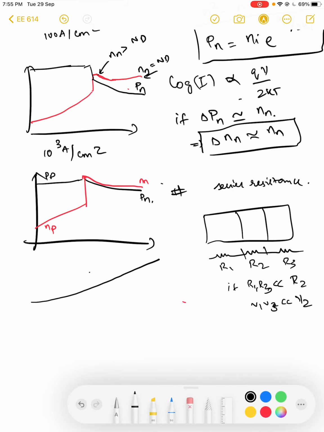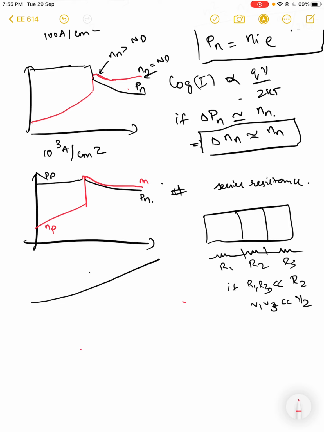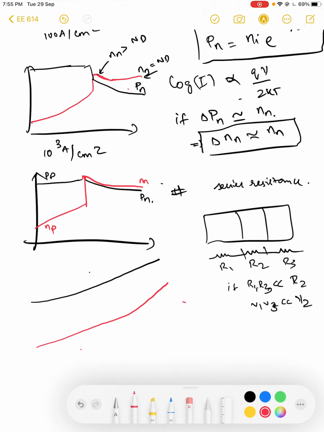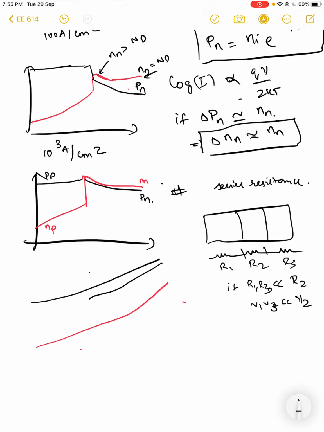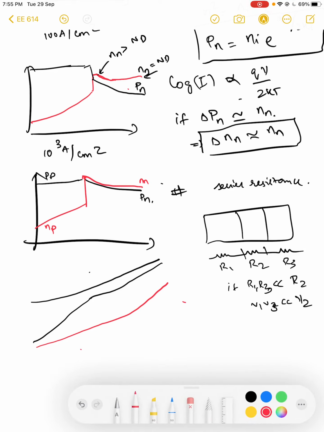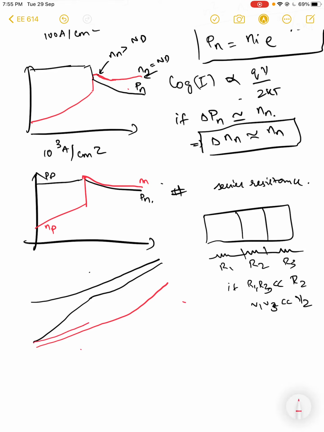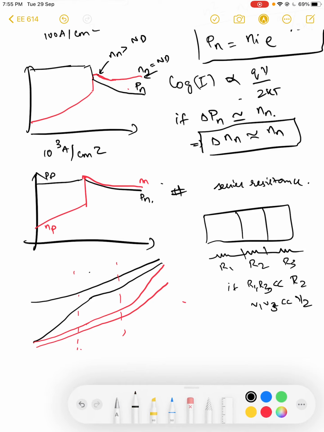Right? The valence band, let me draw with a different color. And the Fermi levels. So the slopes in the neutral region basically determine the series resistance losses.